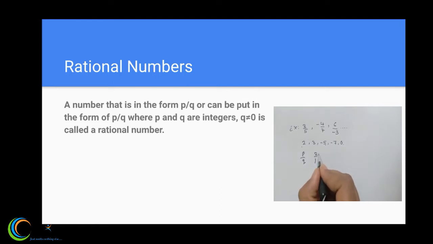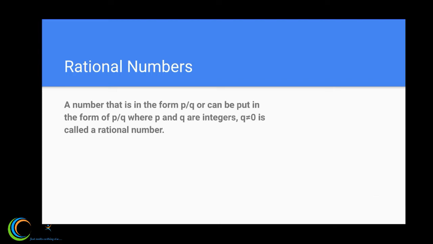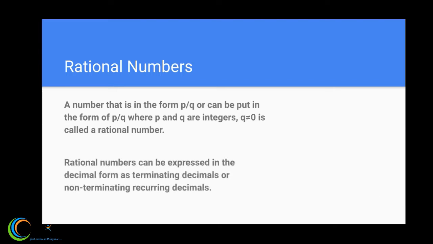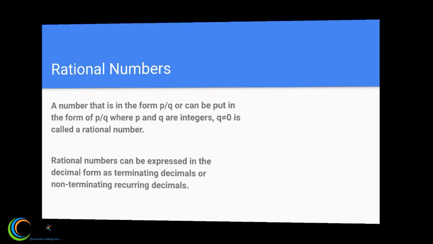So all integers can be represented as rational numbers. These are some examples of rational numbers. We also consider that rational numbers can be expressed in decimal form as terminating decimals or non-terminating recurring decimals.